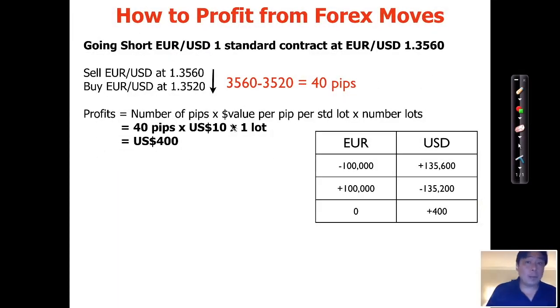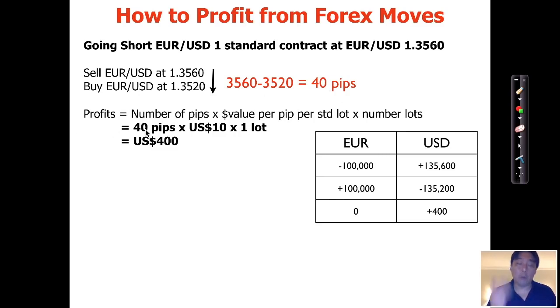So again, let me re-explain in linear form. Going short Euro USD, one standard contract. We sold Euro USD at 3560 and we bought it back at 3520. Difference, 40 pips. So what's your total profit?